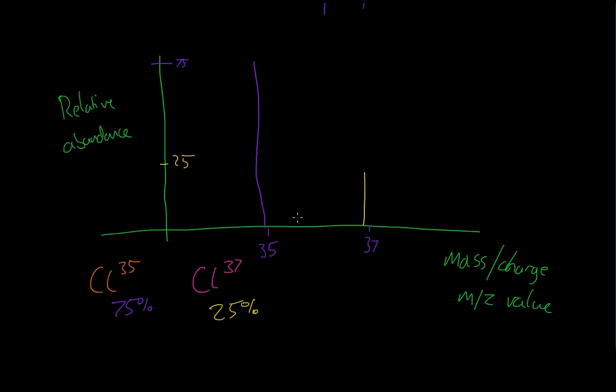Now, this is about as simple as mass spectrometry gets. There are harder examples because of something that we'll call fragmentation, and we'll deal with that at a later date because that's a little bit more complicated.